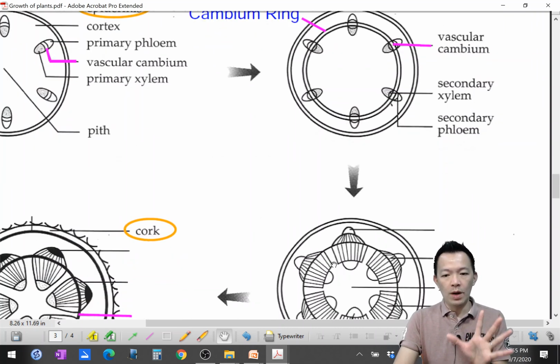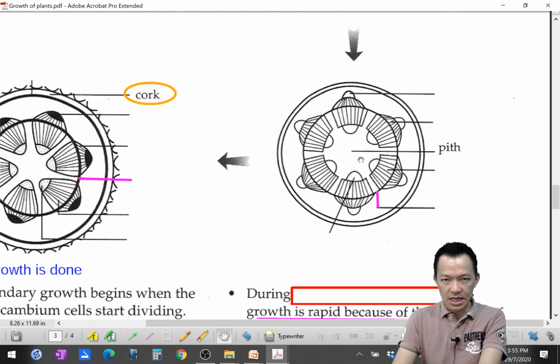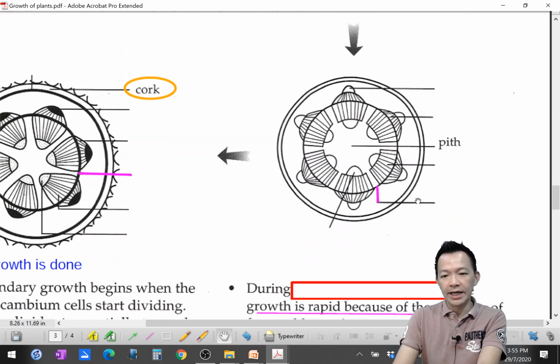After a while, after 1 day, 2 days, 3 days, it comes again. The vascular cambium joins together to become a cambium ring, now connected as a circle. Now you see more clearly.